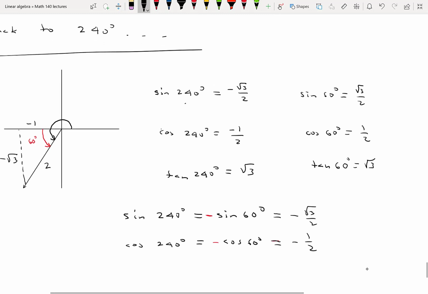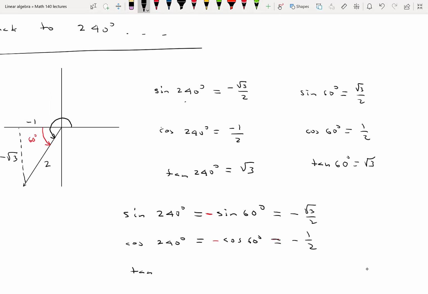What about the tangent? Well, the tangent of 240 actually just equals the tangent of the reference angle. So sometimes the trig function of an angle equals the trig function of the reference angle, and sometimes it doesn't. So when do you have to insert the minus? How do you decide whether you insert the minus or not?